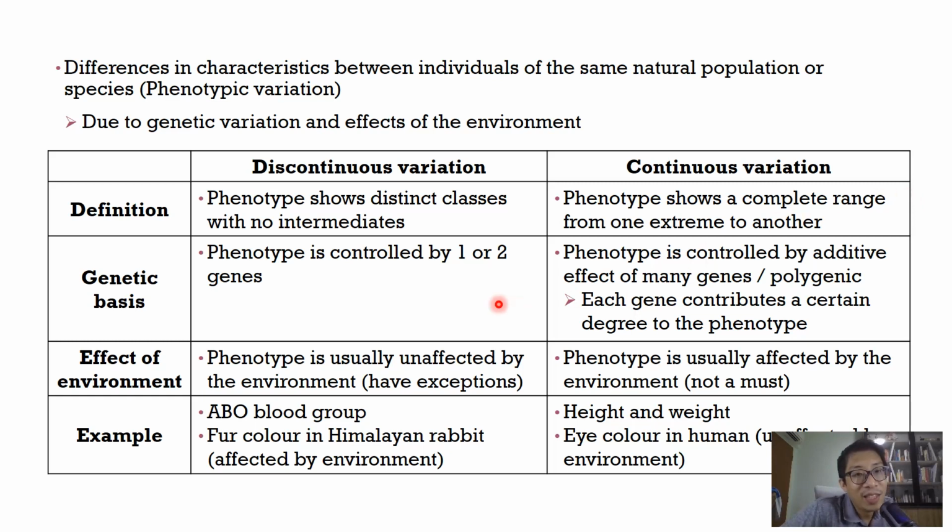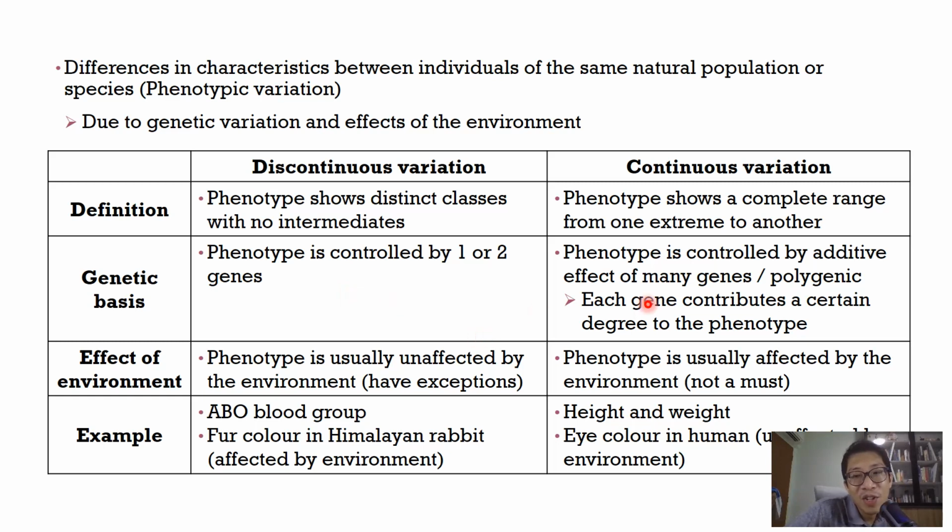For the discontinuous variation, the particular phenotype usually is controlled by very few genes, one, two, at most three, but in most cases one or two genes.